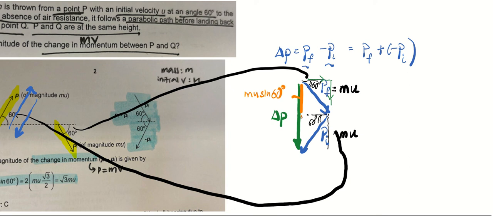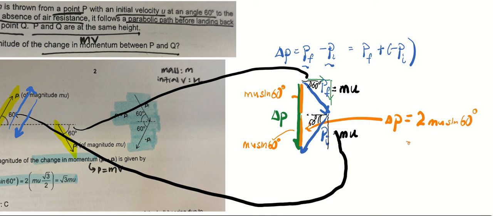The magnitude of the other length is also mu sine 60. Therefore your delta p, the length, will be equal to mu sine 60 plus mu sine 60, which is equal to 2 mu sine 60 degrees.